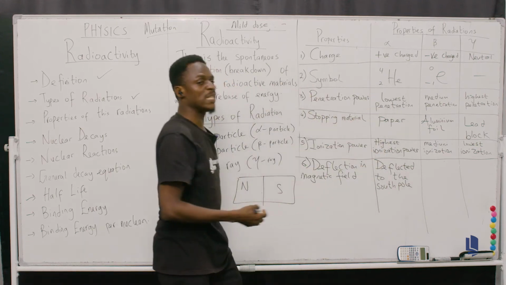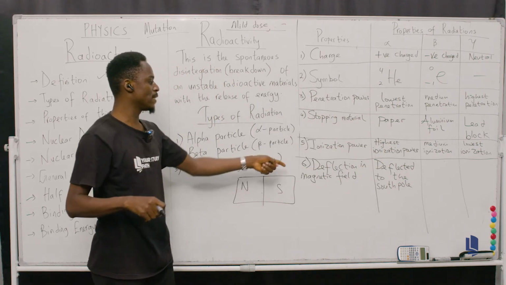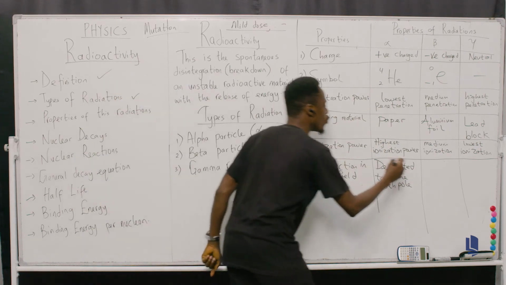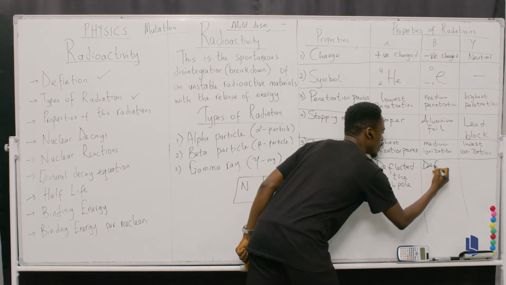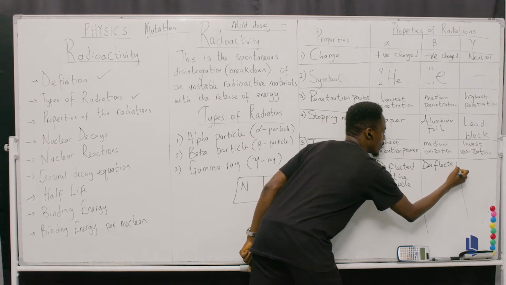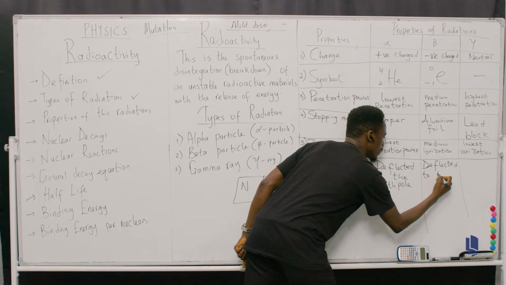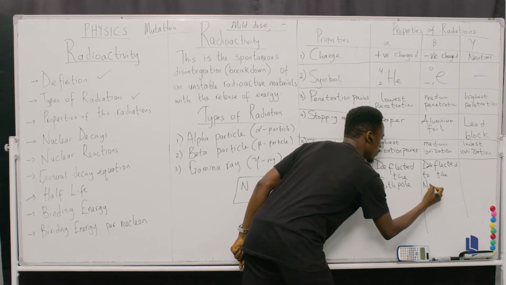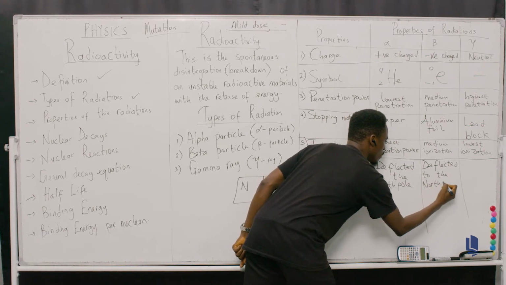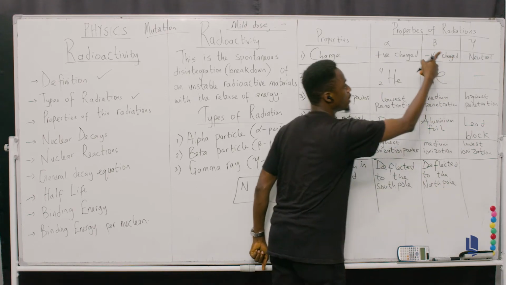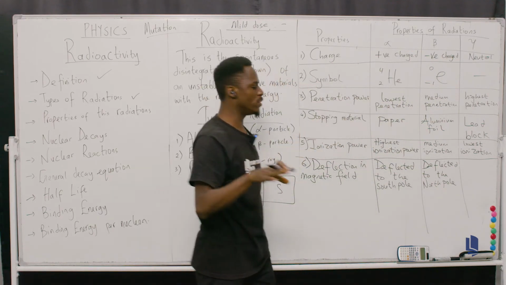When you place a beta particle inside a magnetic field, it is always deflected to the North Pole. But for gamma, no deflection.